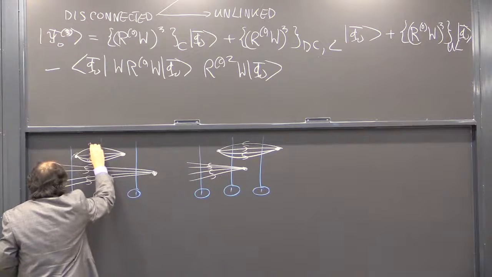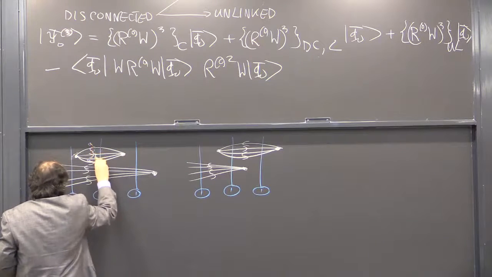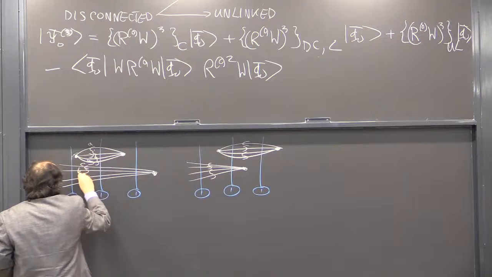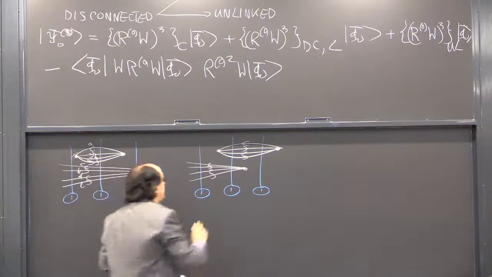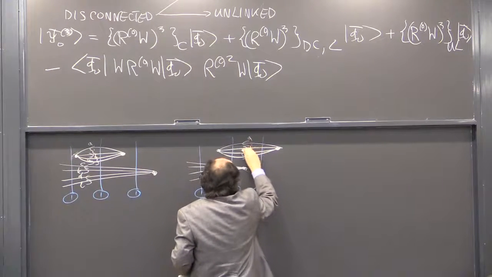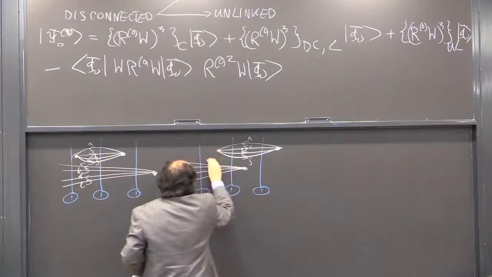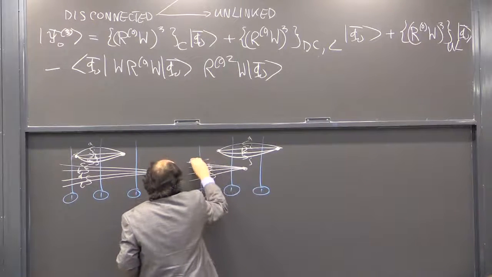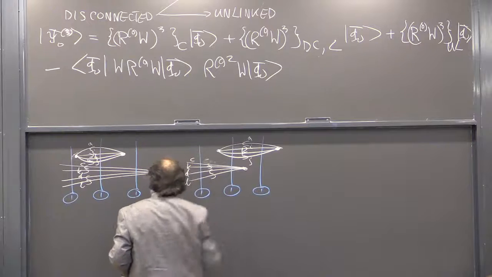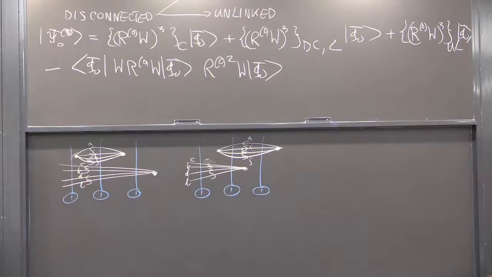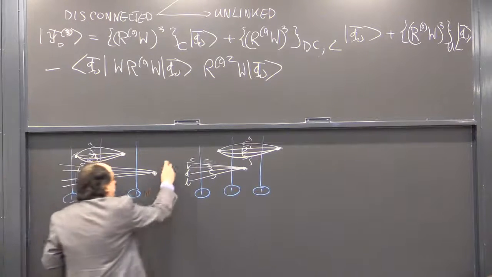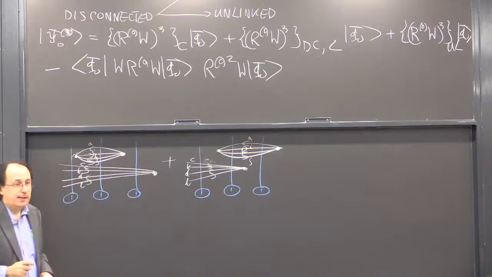I'll also label lines A, I, B, J, C, K, D, L, and I'll do the same thing here. A, I, B, J, C, K, D, L, okay? So I, J, K, L for holes, A, B, C, D for particles, okay? And I will now try to add this up, okay?